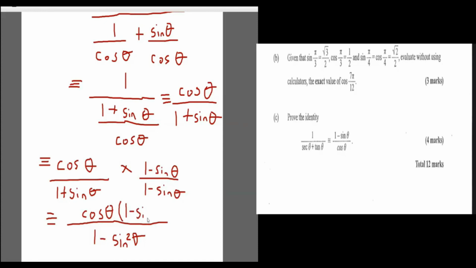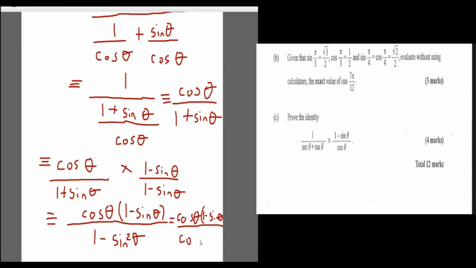If you don't see it yet, go and wash your face and come back again. Because look, 1 minus sine squared is what? Cos squared. So what we end up with is cos theta multiplied by 1 minus sine theta, all divided by cos squared.